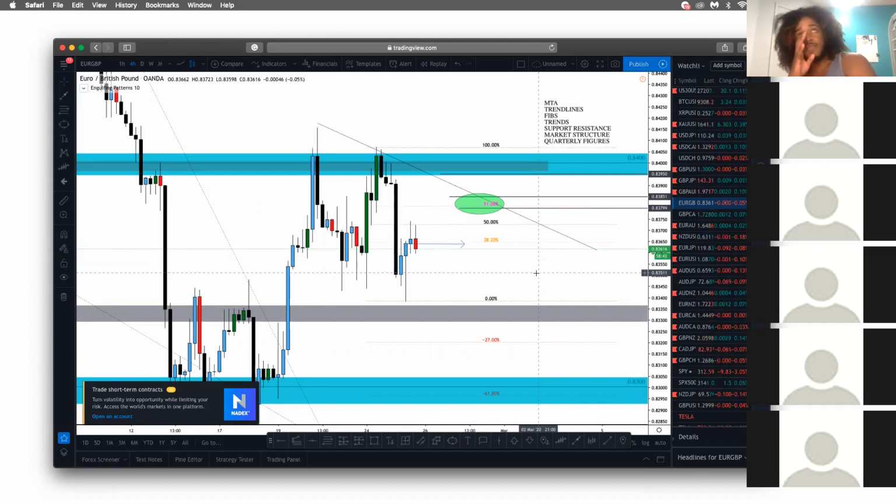So multiple time frame analysis, the odds are in our favor. Trend lines, odds are in our favor. Trends, odds are in our favor. Support and resistance, not there. Market structure, odds are in our favor, right?